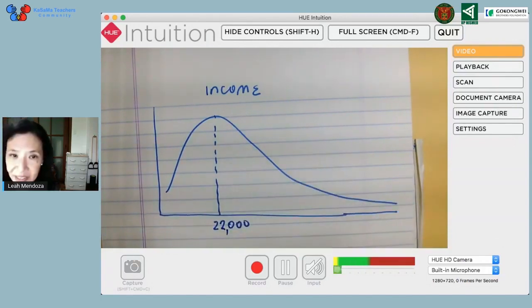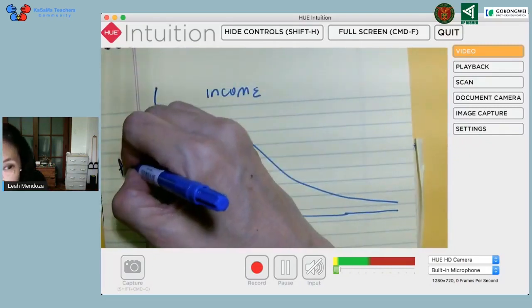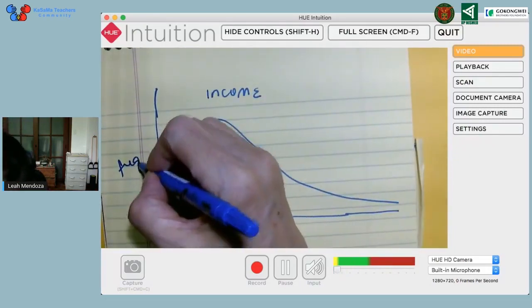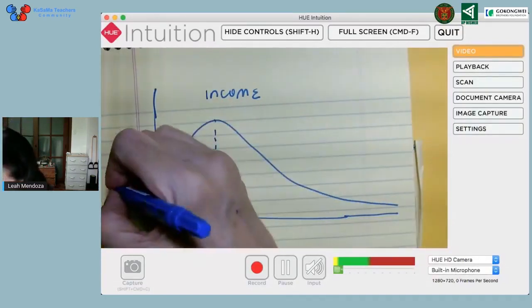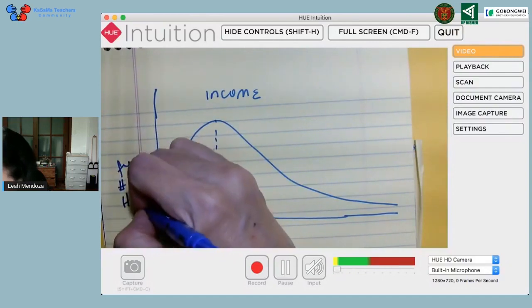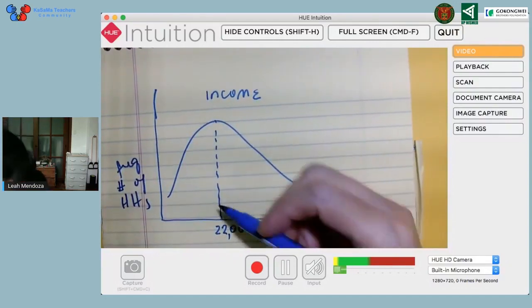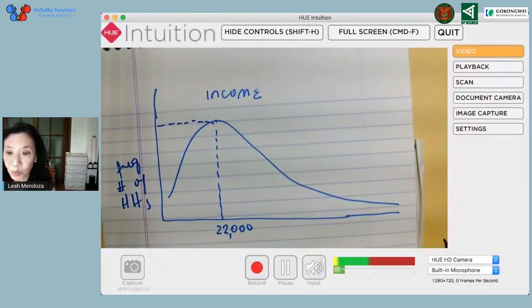Let's just say that's the mode. And why is it the mode? Because the y-axis is frequency. So let's say this is the number of households who earn that much. So you're saying that many households earn 22,000 a month.